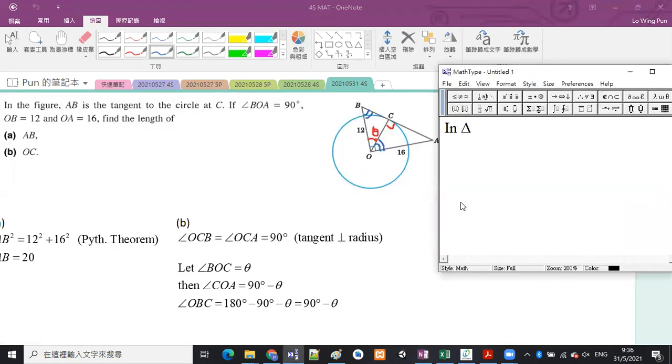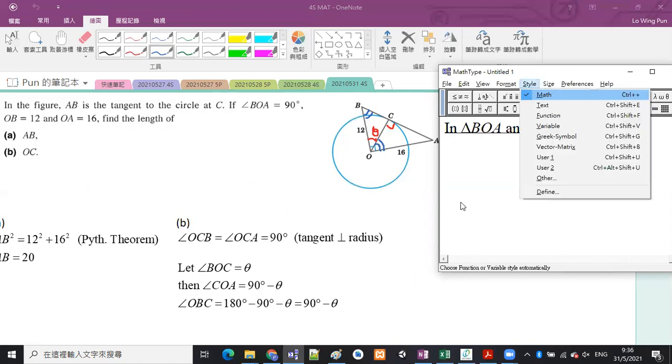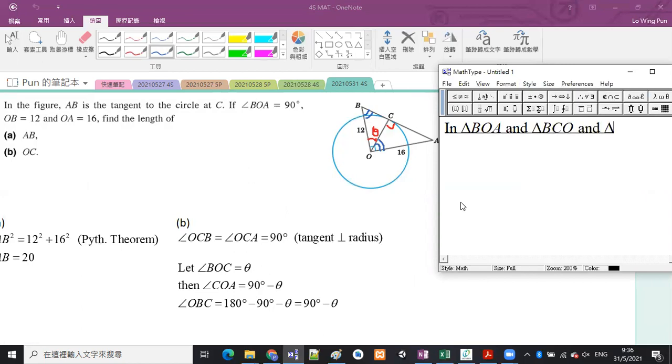In triangle BOA, the large triangle, and triangle BCO, and triangle OCA. Angle BOA is equal to angle BCO is equal to angle OCA because they are both equal to 90 degrees.